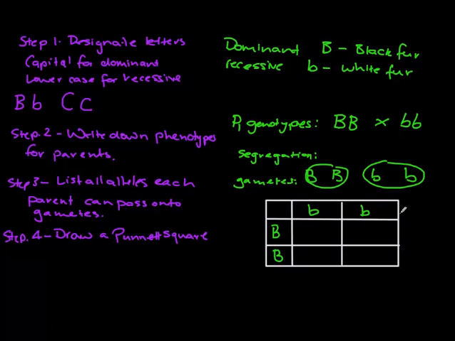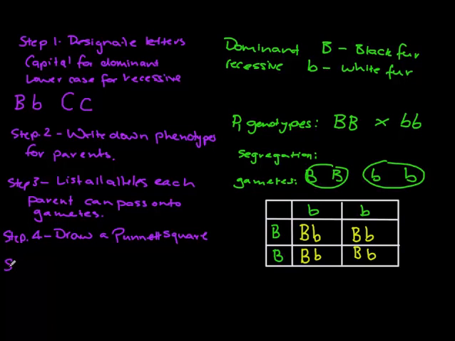Now it's a simple task of making crosses. Looking at this square, what goes in this square? We look at the square to the side and above. So it would be a capital B for the dominant black and a little b for the recessive white. Move over to this one, again the one to the side is a capital B and the one above is a little b. And we repeat this down the bottom, knowing that the same pattern is occurring: capital B, little b, capital B, little b.